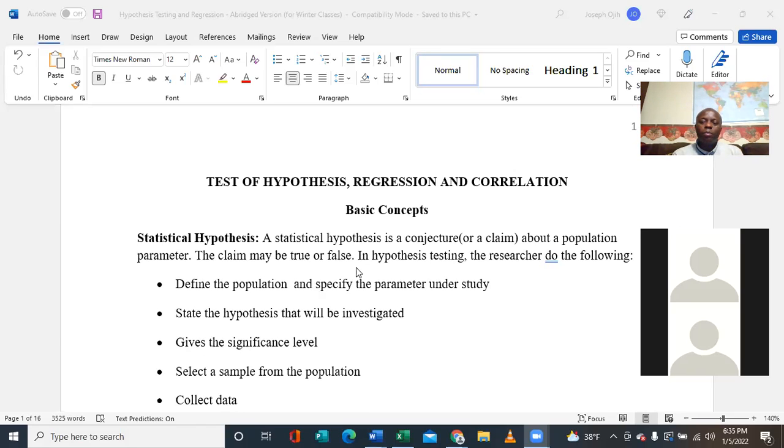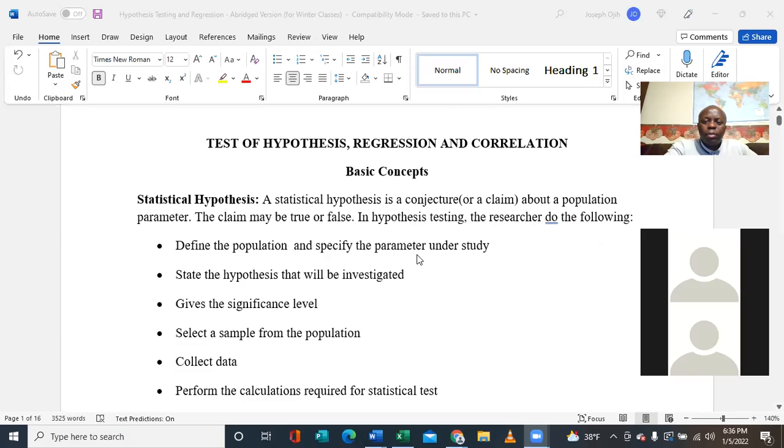So when they're doing those clinical trials, they do some kind of hypothesis test before they can verify or confirm that this vaccine is good for human consumption and for fighting COVID-19. So hypothesis testing is just like that.